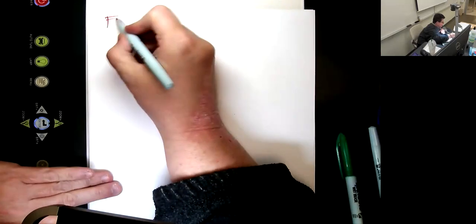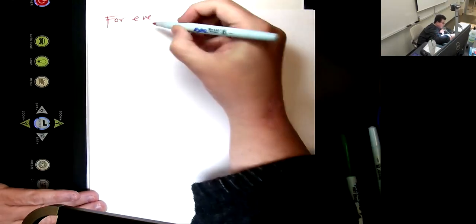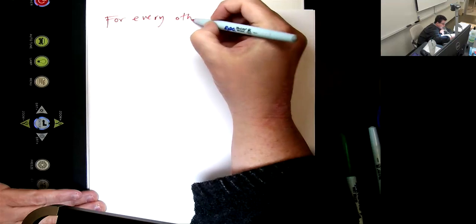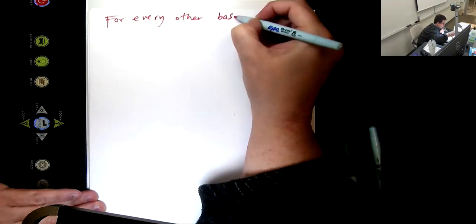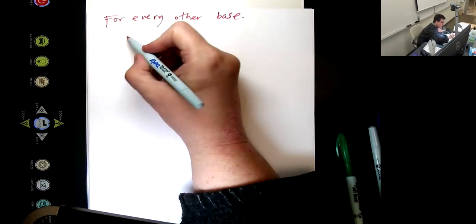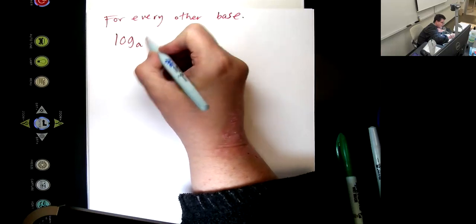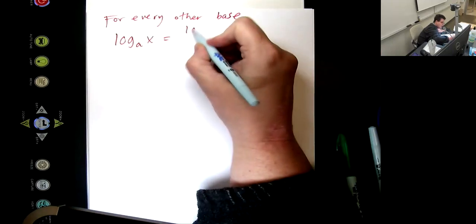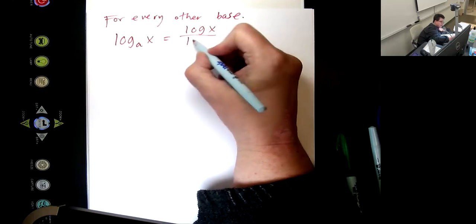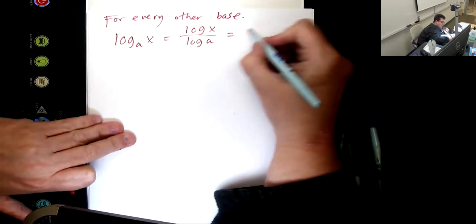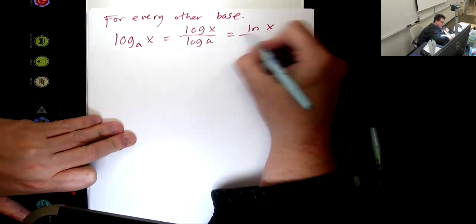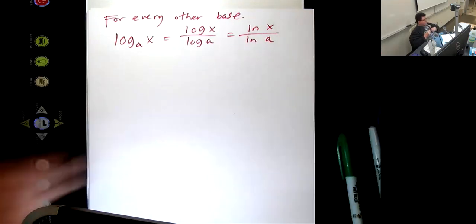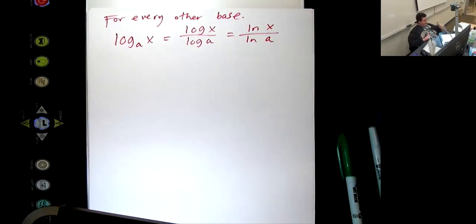For every other base, log base A of X, you can do log X over log A, or you can do natural log of X over natural log of A. That's magic right there.